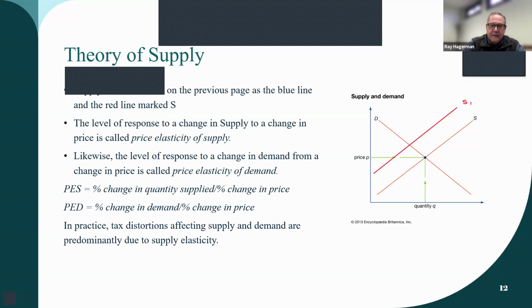And normally, and when I say predominantly, those distortions are due to supply elasticity. So in other words, when the price goes up, I am willing to produce more. Whether or not demand actually meets it could be another question. But normally the tax distortions are as a result of supply elasticity.